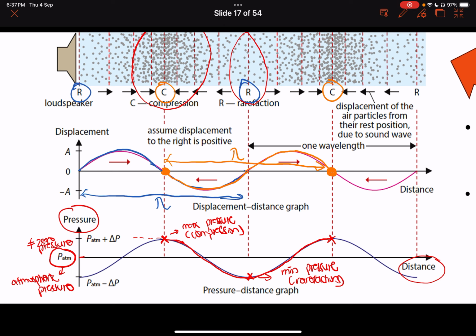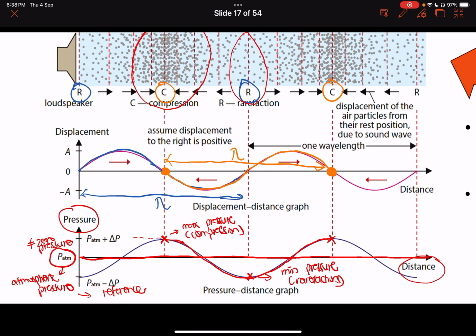Basically, if there's no sound wave, then all the pressure will be uniform along this axis. So it's not that it's zero, it's just that it has a certain constant value. Because of the disturbance, we can use this as a reference to see how much our pressure has increased or decreased.